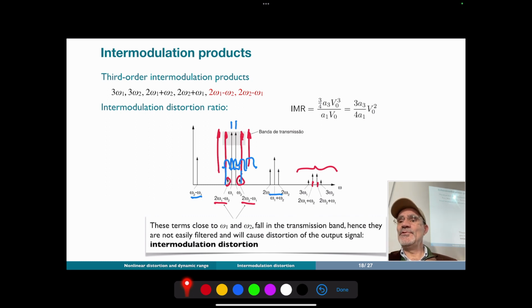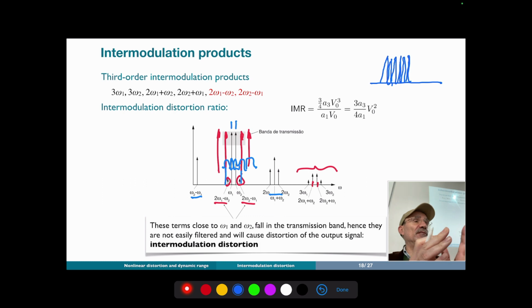Also, an OFDM signal is a signal which is transmitted on multiple carriers as well. So it's a signal that has several carriers very close together, like this. And if we pass this signal through an amplifier which introduces some distortion, the effect is called spectral regrowth.